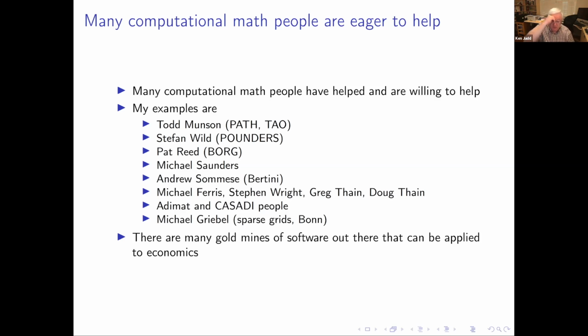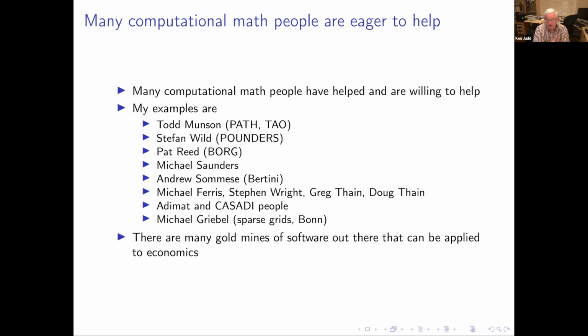Carl and I are working with Michael Ferris, who was Todd Munson's advisor, on using Path for dynamic games. Now, also, I don't know, somebody at Zurich, my suspicion is that Gregor Reich was involved, but I do know Philip has also been involved, that some Zurich people made connections with the guy behind ADiMat and the guy behind CasADi.